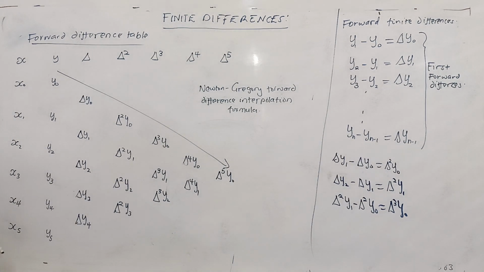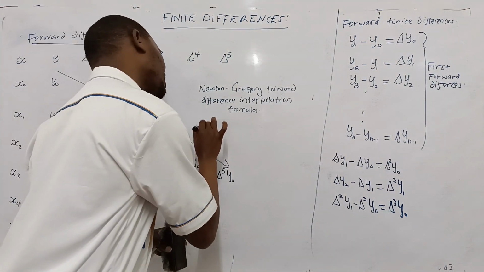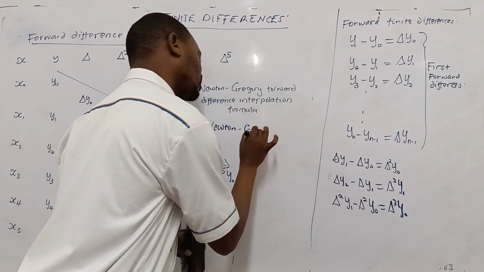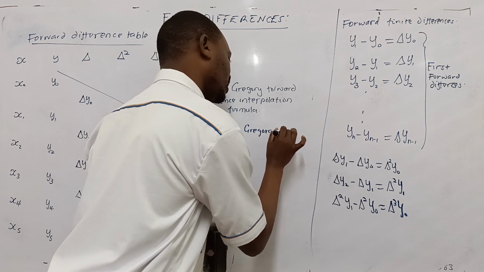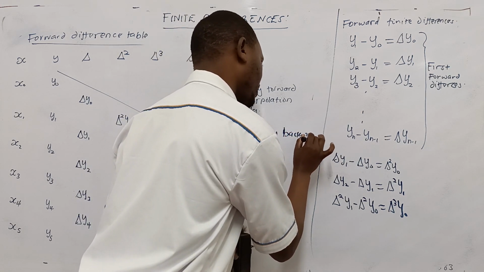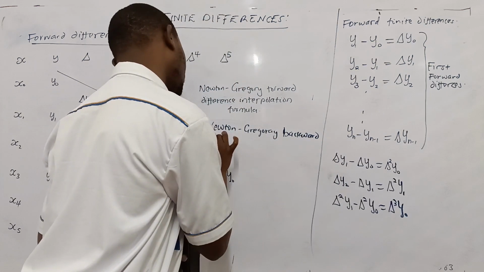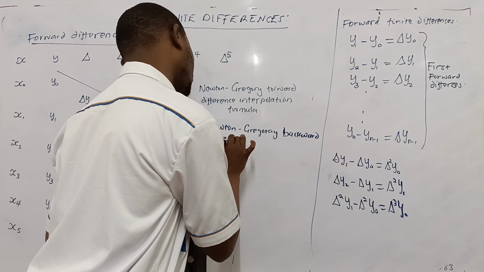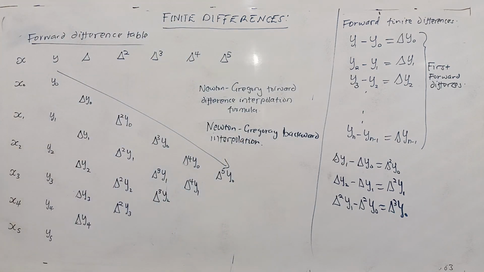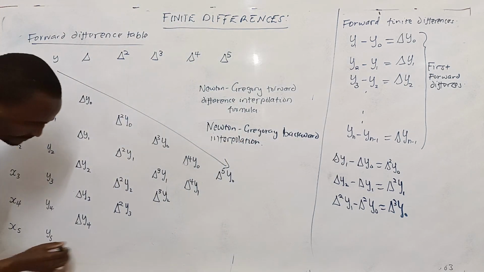But also I have to mention that for a question where you are required to use Newton-Gregory backward interpolation, you use these values here.